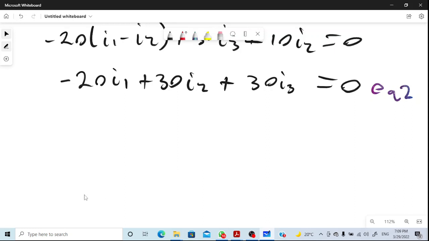Okay, so let us write the equation for the third loop.